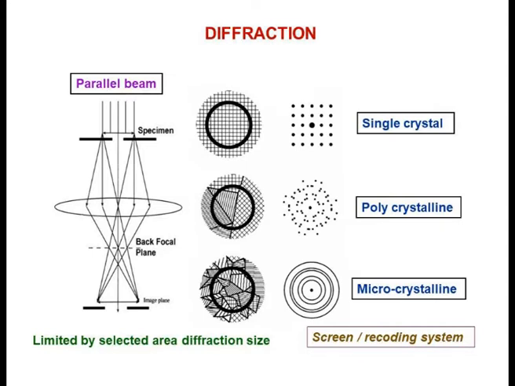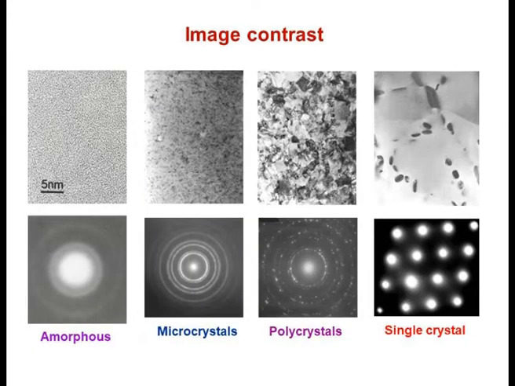Depending upon the size of the aperture, whether the material is polycrystalline or microcrystalline, various types of diffraction patterns will come. Using these diffraction spots we can get images using bright field or dark field.